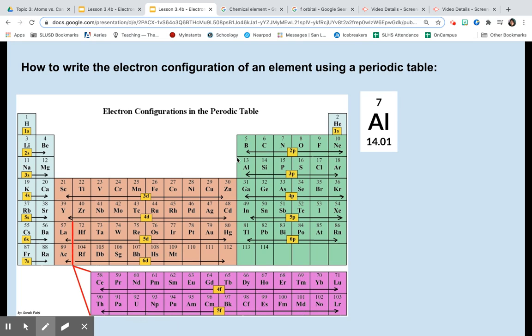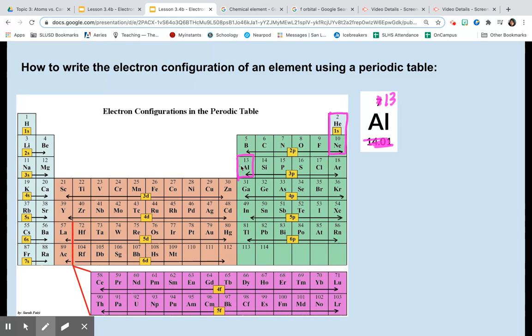Aluminum is element 13. If we were to write the shortened version, rather than starting at hydrogen every single time, we can start at any one of the noble gases before aluminum.